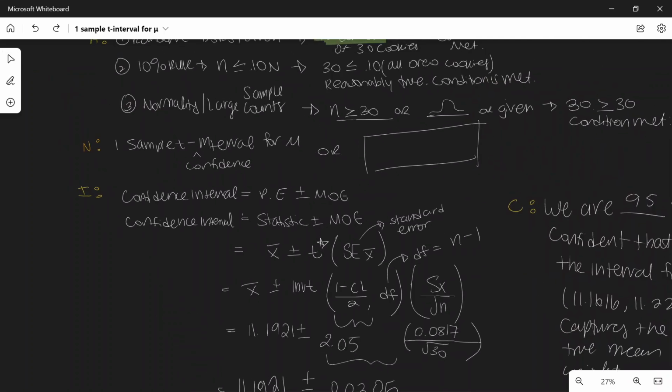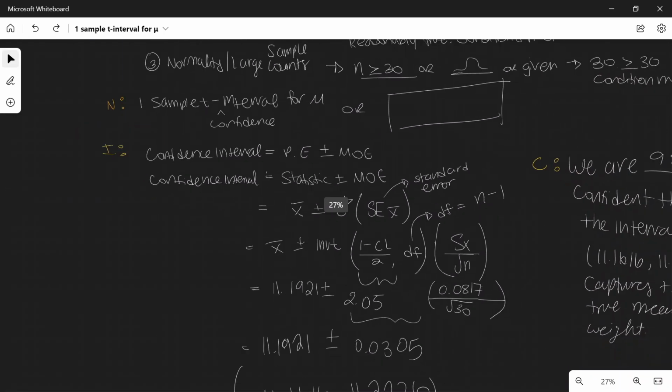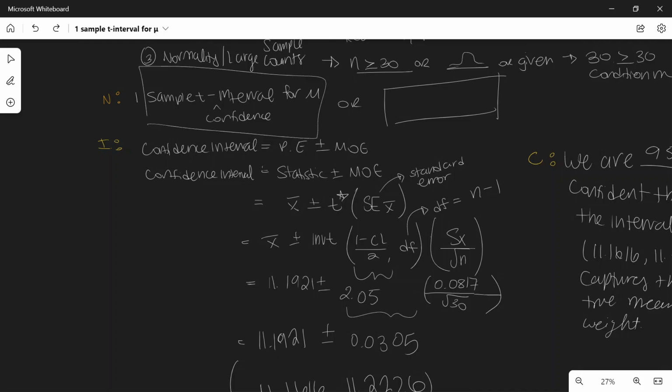Yeah, so that's all there is to it. Oh my god, I knew it was worth it. Thank god I put that box there. So here's a little loophole. If you don't remember the name of your procedure, you can plug in 11.1921 plus or minus inverse t of 1 minus 0.95 divided by 2, 29, because degrees of freedom is 30 minus 1, which is 29, and then times 0.0817 divided by square root 30.